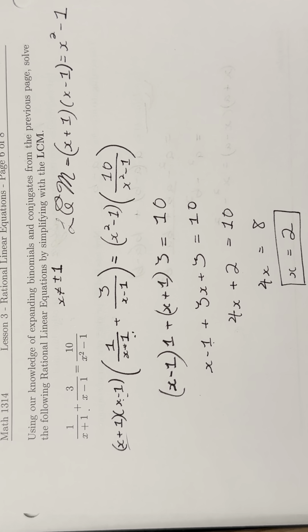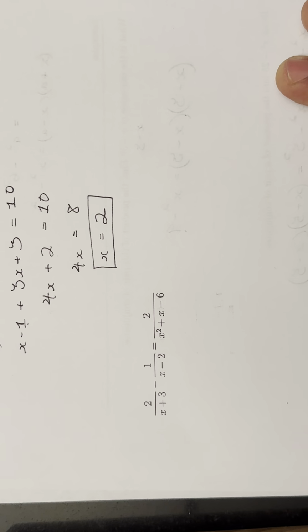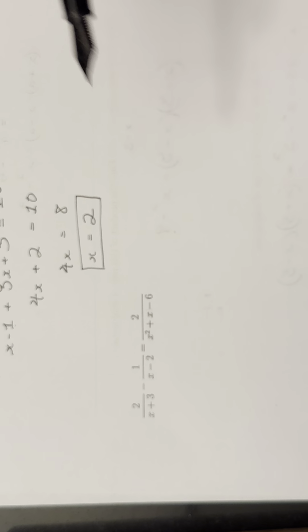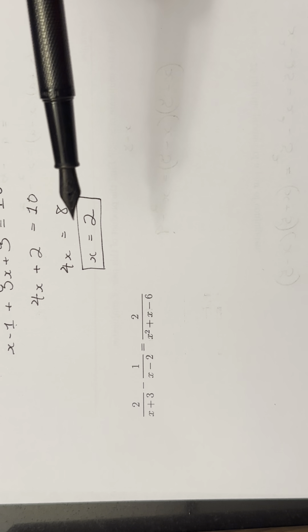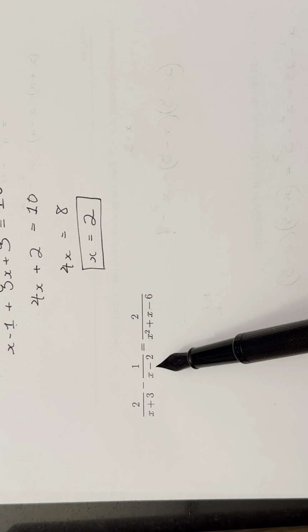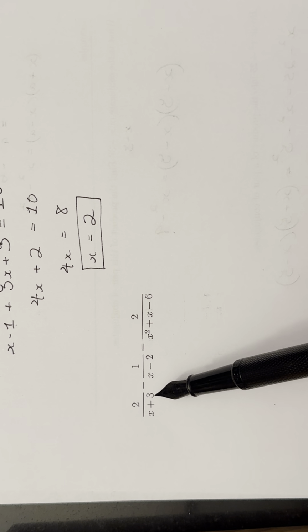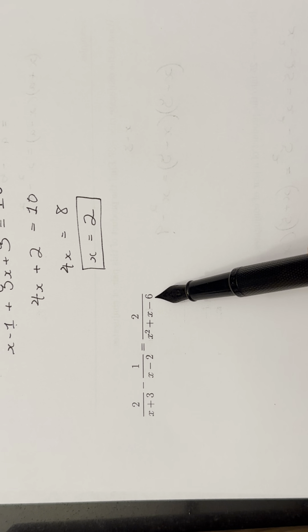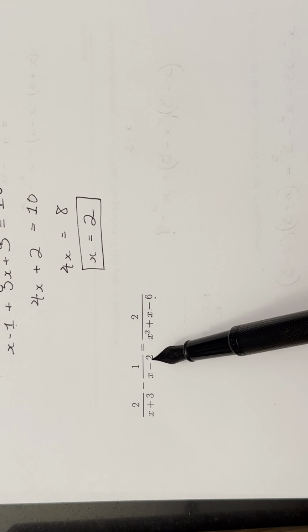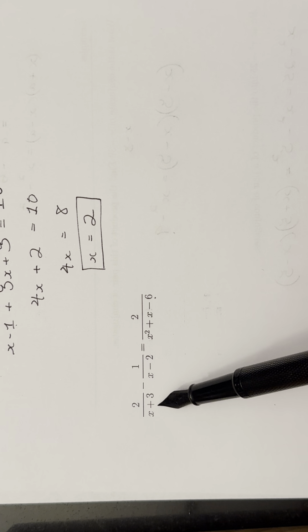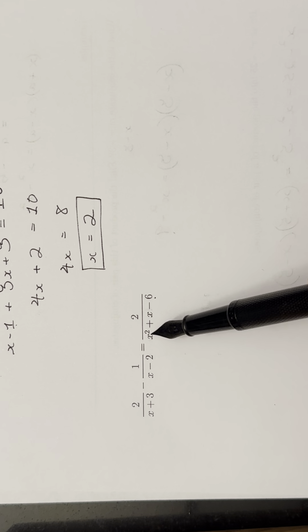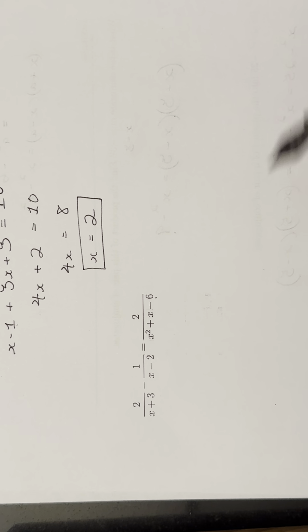Okay, so moving on to the next problem. We have 2 over x plus 3 minus 1 over x minus 2 equals 2 over x squared plus x minus 6. So note that if I multiply x plus 3 and x minus 2 together, right, 3 times negative 2, negative 6. 3 plus negative 2 is positive 1. So if I multiply these two guys together, I'll get this full expression here.